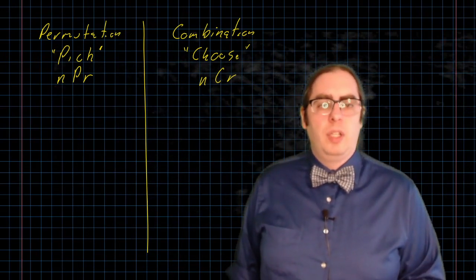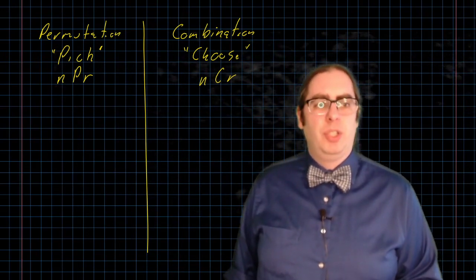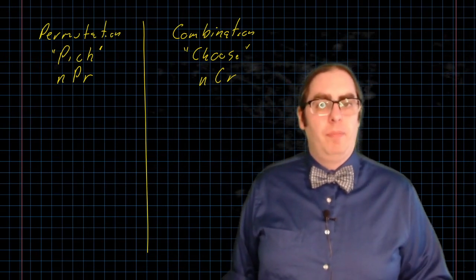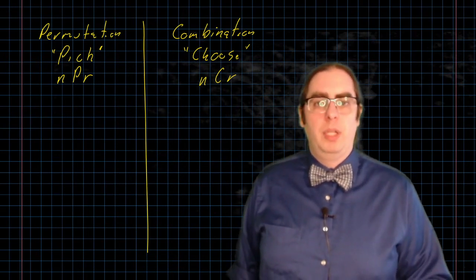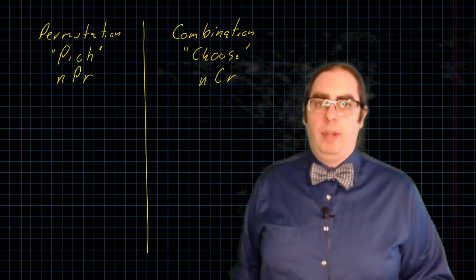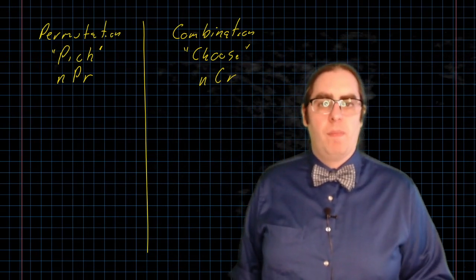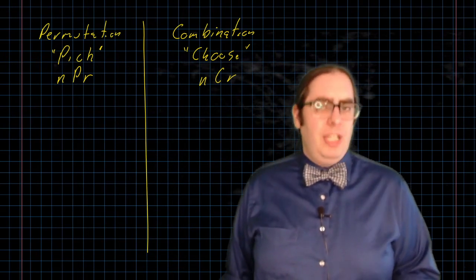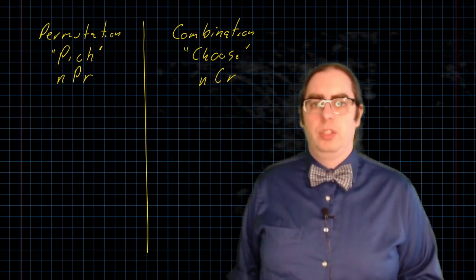Let's take a look at a situation where you have 10 people in a group and you need to select 3 of them for some task. Depending on the task, the nature of that selection can change.